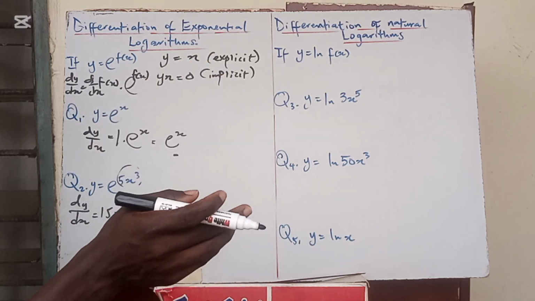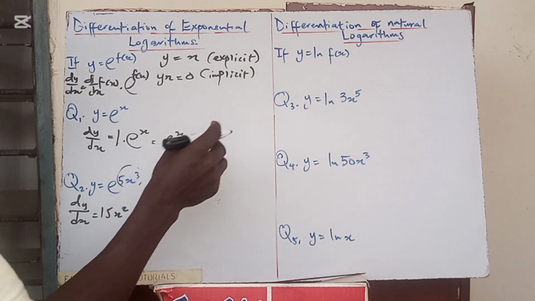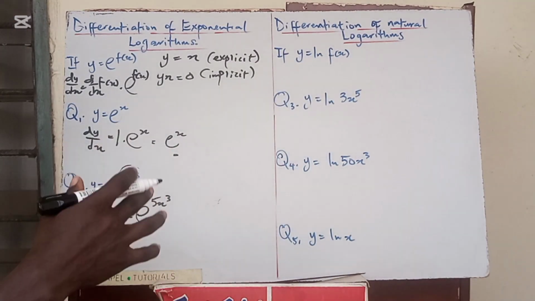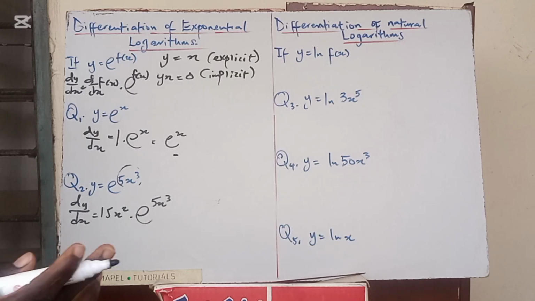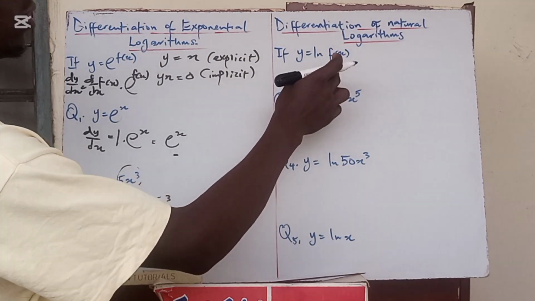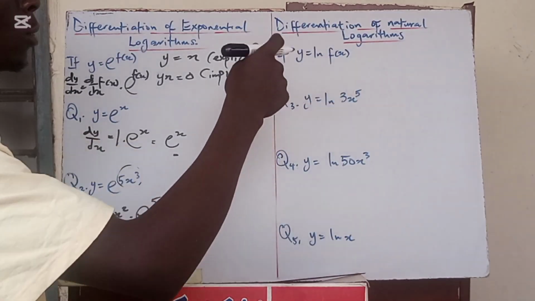For natural logarithm, which involves ln, or logarithm of exponential, so we have the ln function. The ln function is, if they say what is the derivative of ln x, it's going to be 1 over x. Why? Because you are differentiating this, then you are going to multiply it by the inverse of the real function. Do you understand?